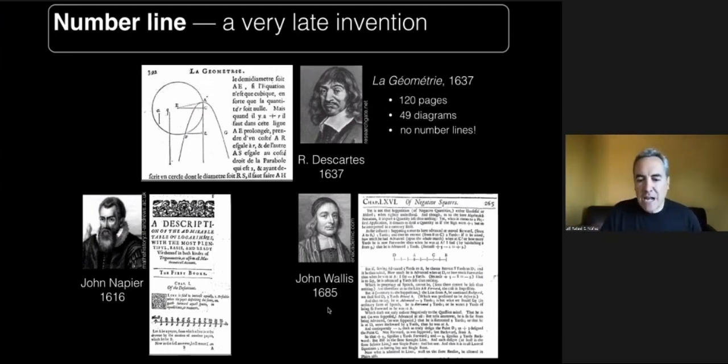And John Wallis is perhaps the first mathematician who, in textual form, does some kind of arithmetic reasoning. In his treatise of algebra, in the chapter on negative squares, which is a very complicated mathematical topic of trying to figure out why what we call today imaginary numbers are really numbers, he's trying to make a case for that, and he brings arithmetic like +5 - 2 = 3, and describes a whole scene of a man walking 5 steps and going back 2, and so on.